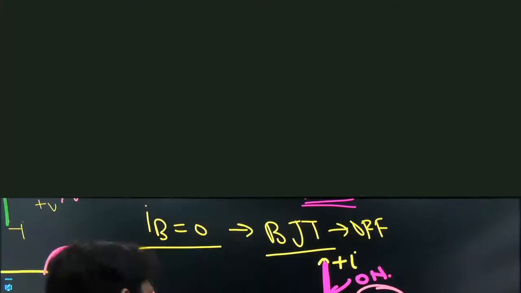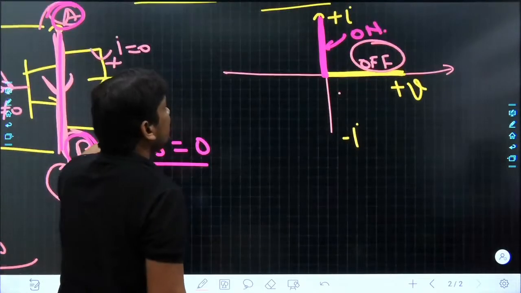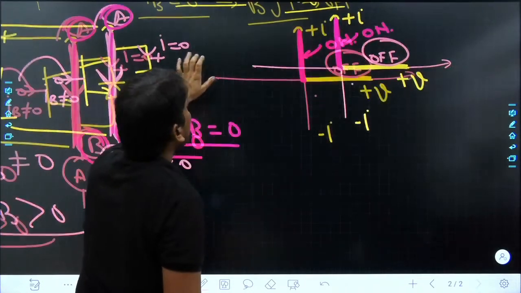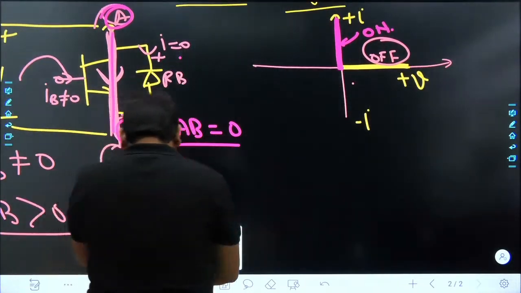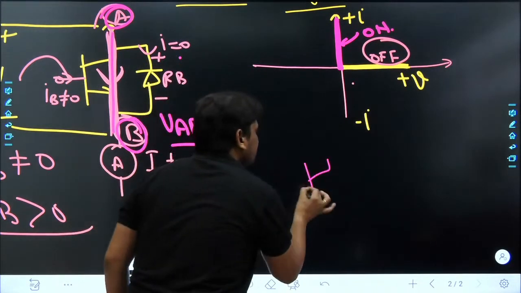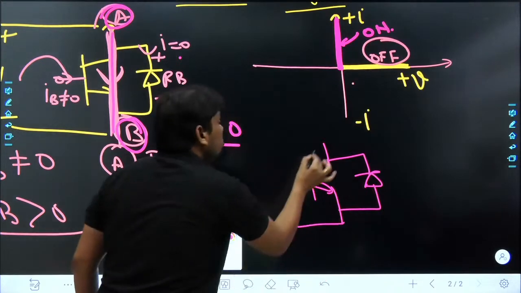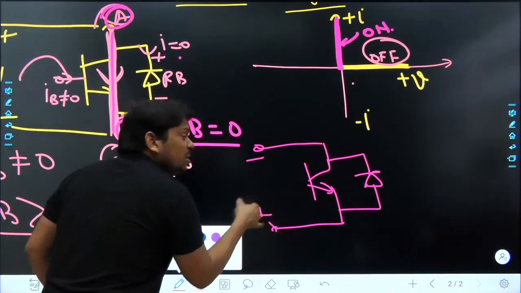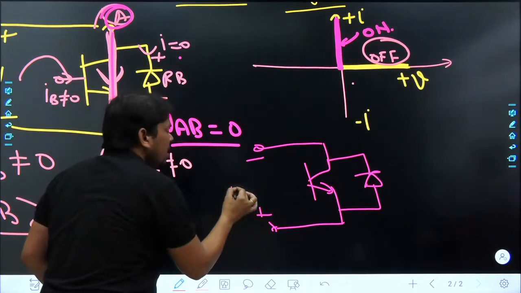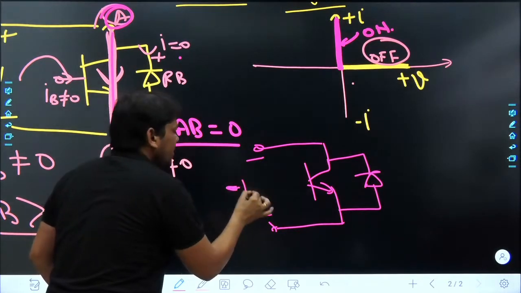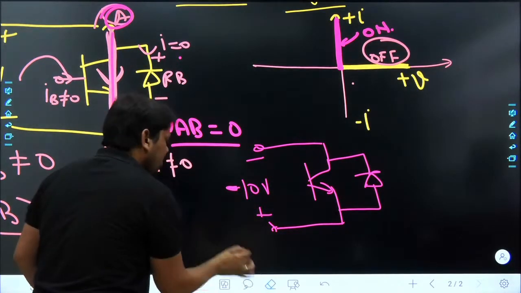What will happen if we change the polarity across the switch module? If we have some BJT in this fashion again, and this is our diode, and now we have some minus voltage, say minus 10 volt, or 1 kV or any other.